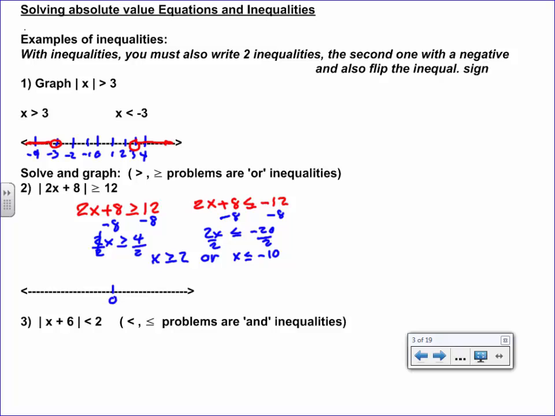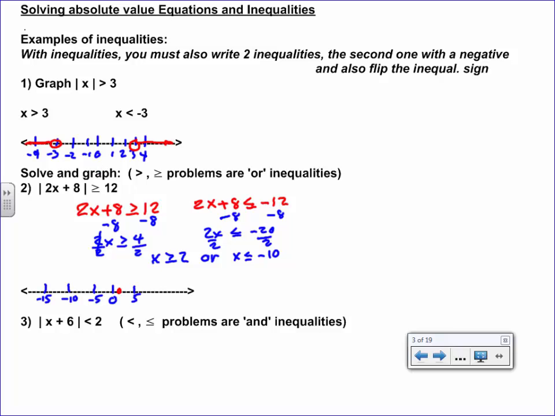Do a quick approximate graph on this. Again, being an OR problem, how you learned how to graph those the last section.